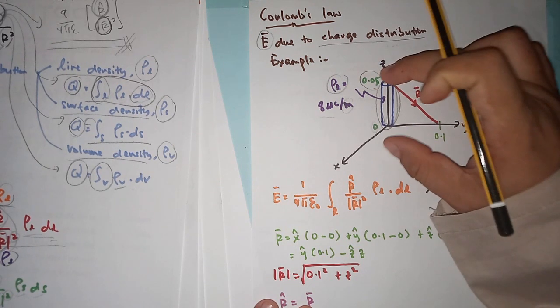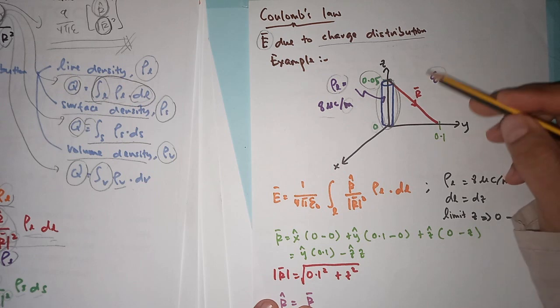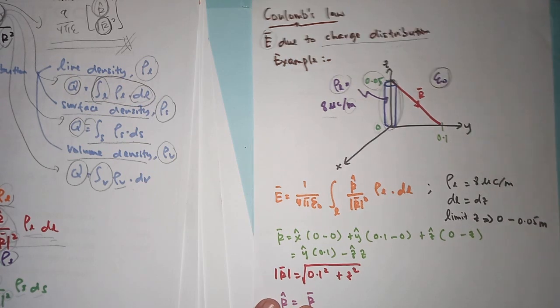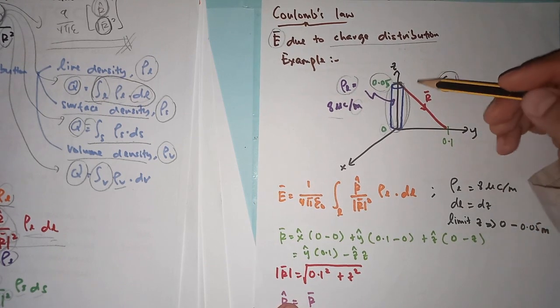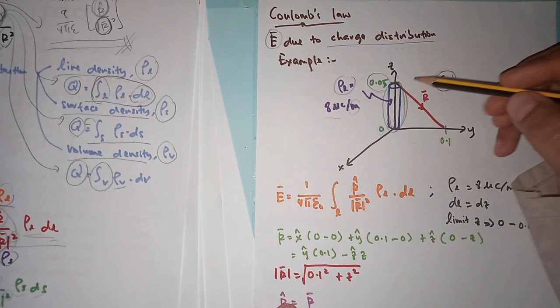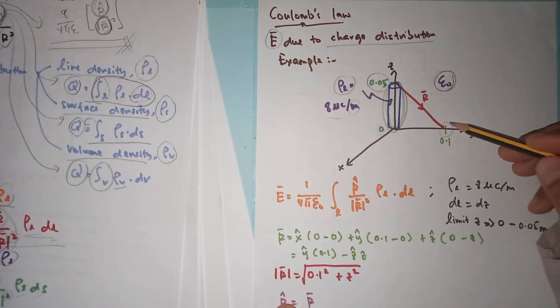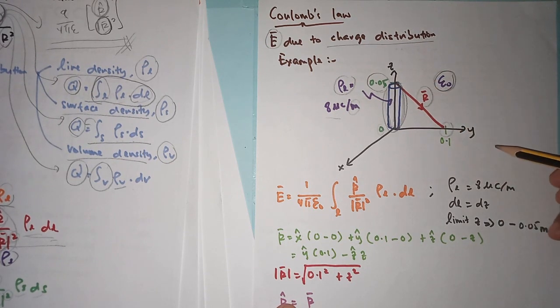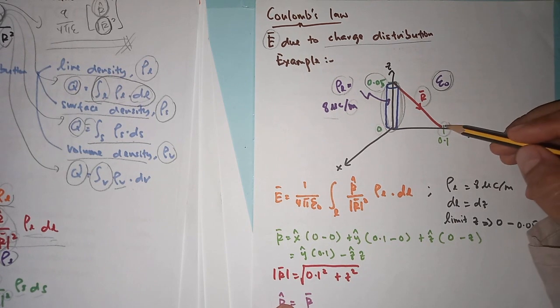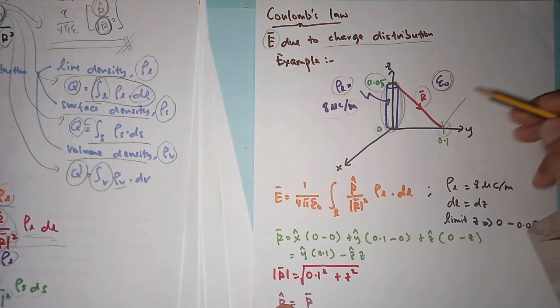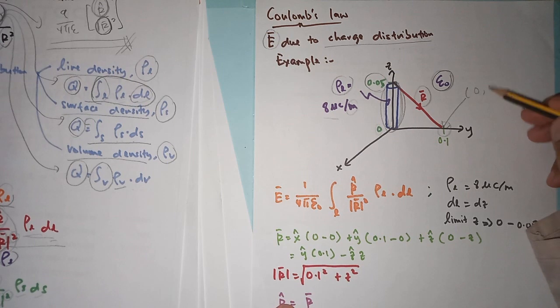This line charge resides in air, so we need to use epsilon naught rather than epsilon. The vector that represents the distance and direction from this line to our test point is given by this vector, and our test point is given by this point, where the test point is equal to 0, 0.1 and 0.